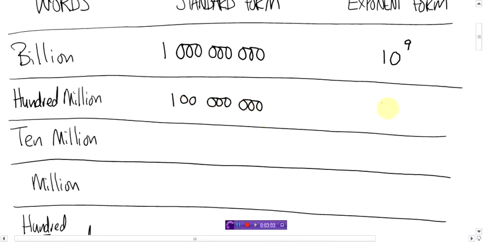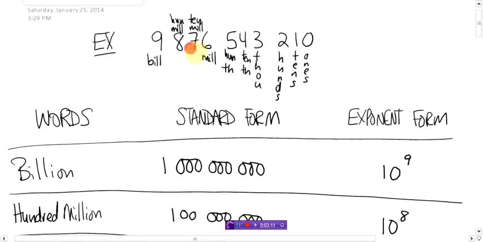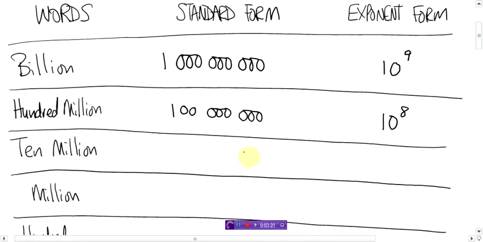And that's 8 zeros, so it'll be 10 to the power 8. 10 million, which is right here. So that's where the 1 would be, I guess. And then you have 1, 2, 3, 4, 5, 6, 7 zeros after it. That's 10 million. And that's 10 to the power 7.